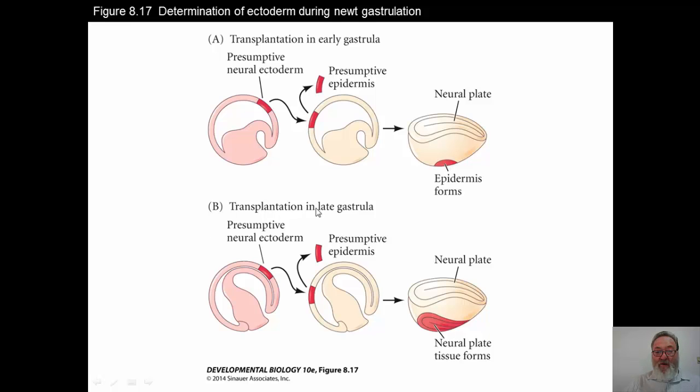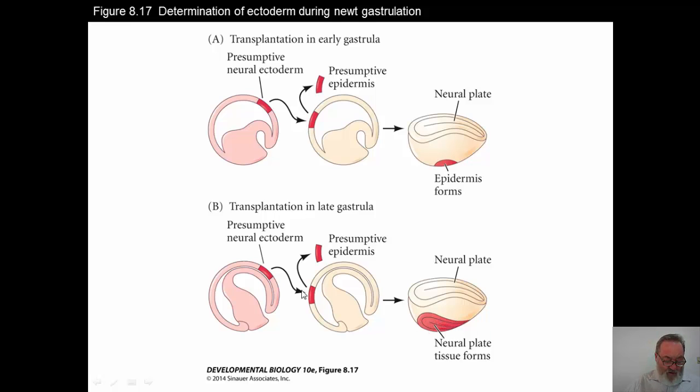If, however, this was done at a later gastrula stage, here's the archenteron that's well formed, whereas here the archenteron is just beginning to form, but here now you have presumptive neural ectoderm, you put that in the area of presumptive epidermis, and indeed, even though it ends up on the belly part of the embryo, neural plate tissue forms.